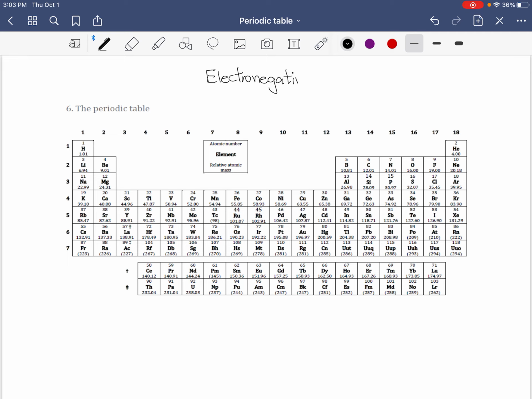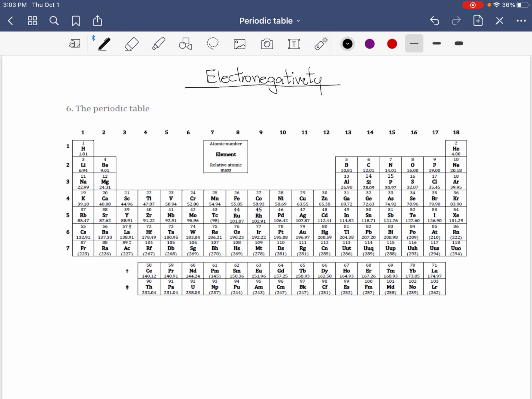Now, if anything, this is probably the most important trend out of them all. The way that this is determined is actually based on atomic radius, ionization energy, and electron affinity all put together. Electronegativity.